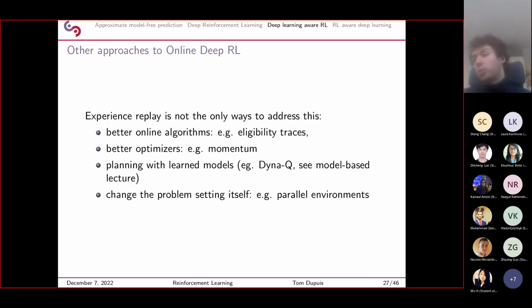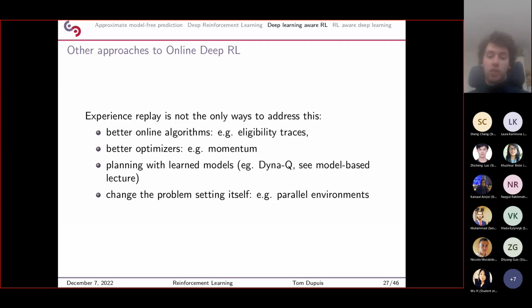You can simply use better optimizers, momentum, Adam. That might work. You can do planning instead, turning to model-based reinforcement learning. That's what we will see in the last lecture.